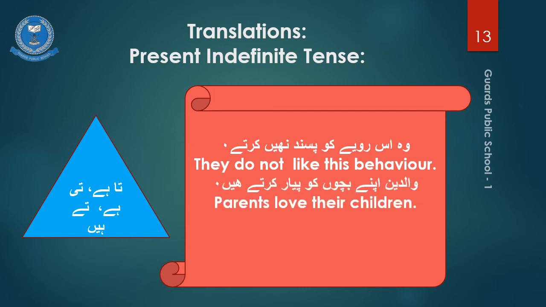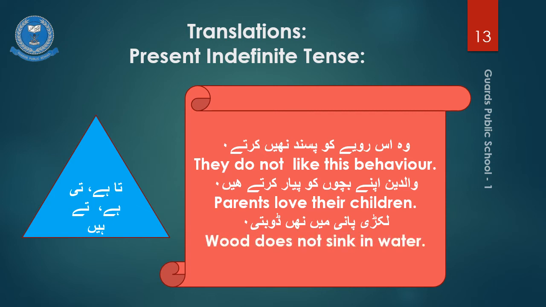Parents, plural subject, so we'll use a plural verb here. The next one is: लकड़ी पानी में नहीं डूबती. Singular subject, negative sentence, use does not and write the simple first form of verb. Wood does not sink in water.